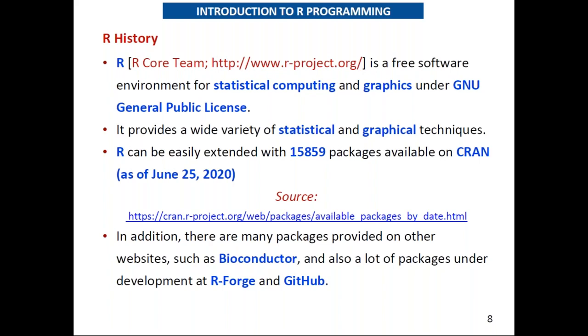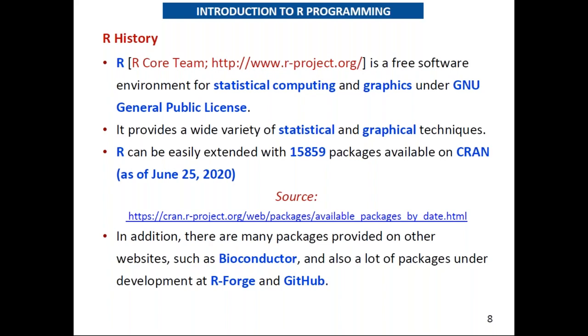So we already know R is a free software environment, mainly used for statistical computing and graphics, under the open source license called the General Public License by GNU. All the software which comes under open source should be under GNU General Public License.